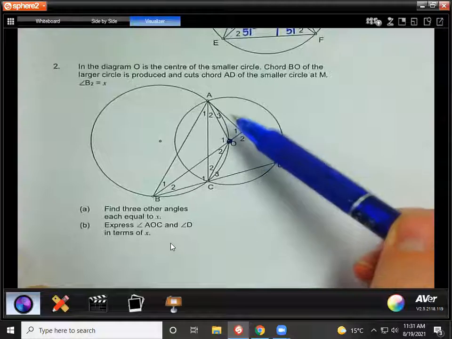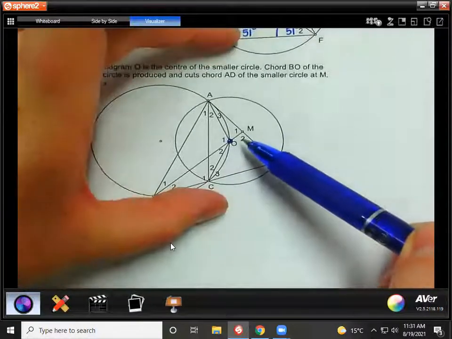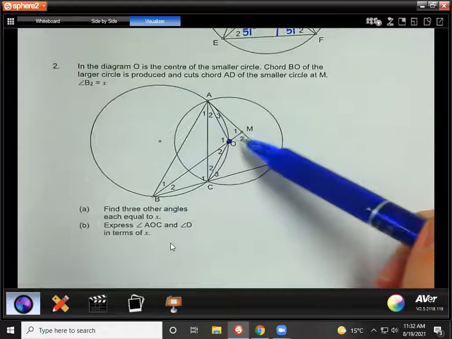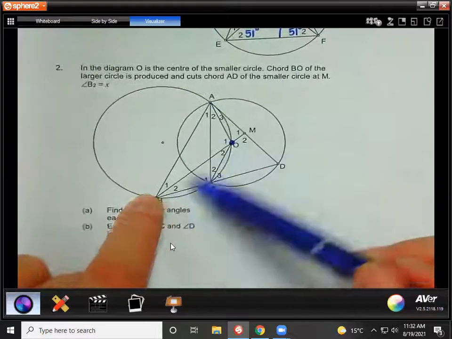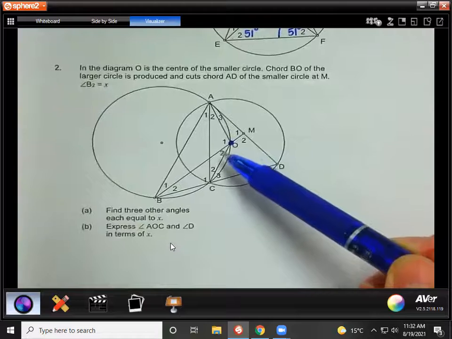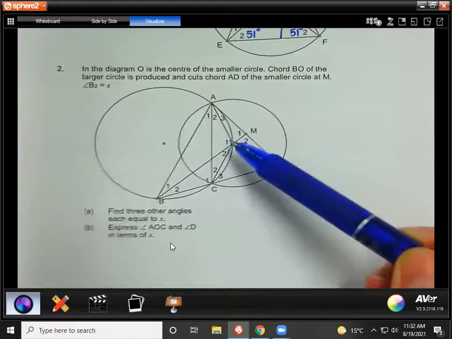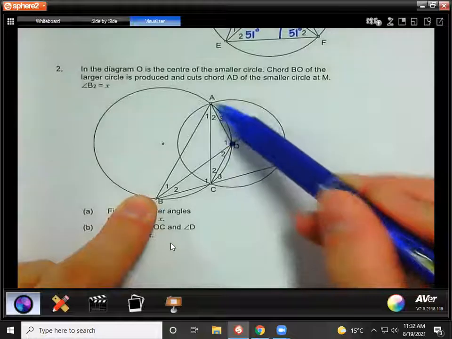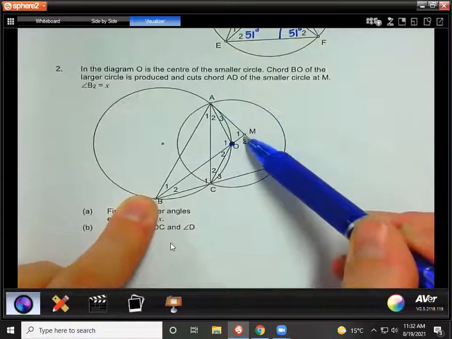Right, do we see that? Because O is the center of the smaller circle, but it's actually also a point on the circumference of the bigger circle. All right, so now they're saying BO is produced. Now produced, that basically just means that it's been lengthened, all right? It's been extended basically. And cuts chord AD of the smaller circle at M.